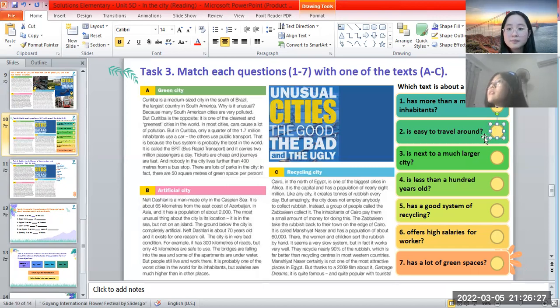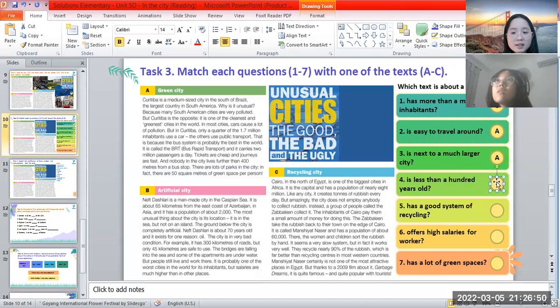Which text? Paragraph A. Which text is next to a much larger city? Also A. Okay.